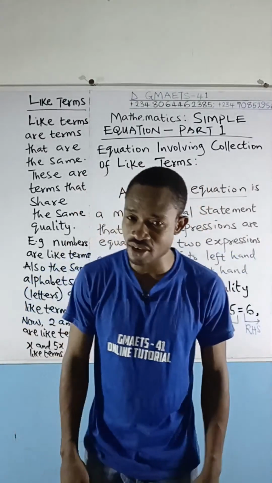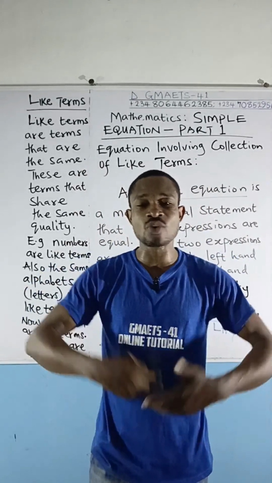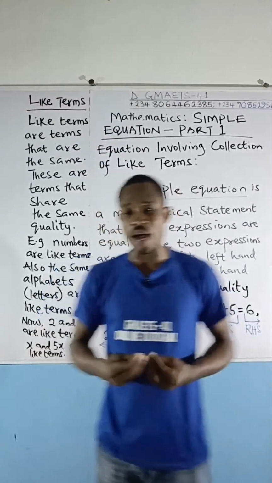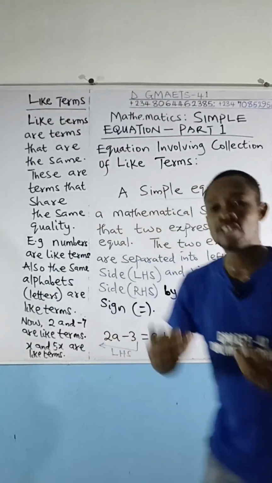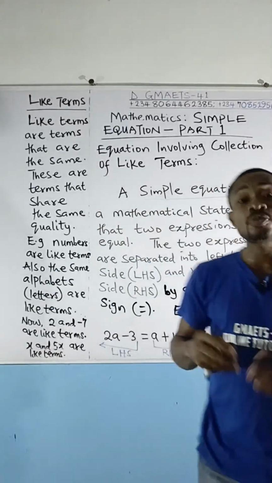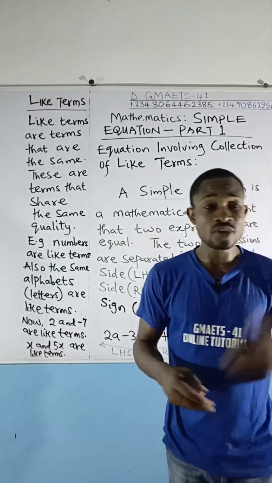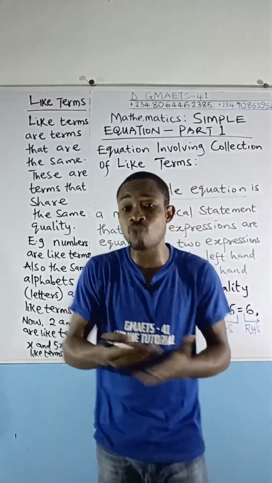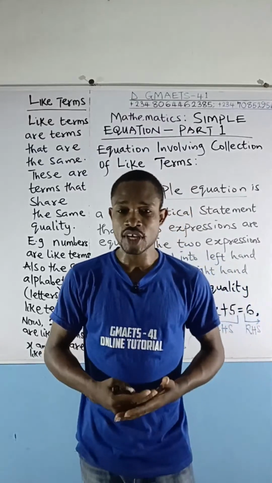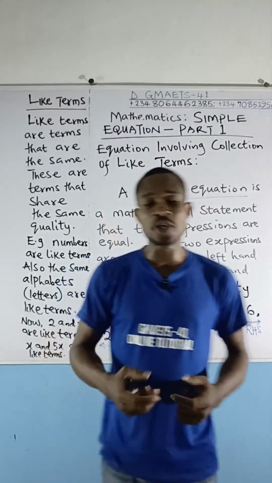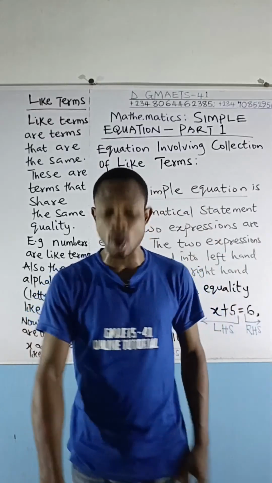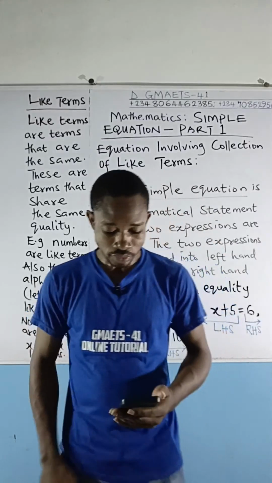You don't just start solving questions anyhow in mathematics. This is one of the reasons why some scholars find it difficult to handle some mathematics problems. You must understand the foundation of what you are about to do, so that when your coach or teacher is solving these questions, you will understand what you are being taught.